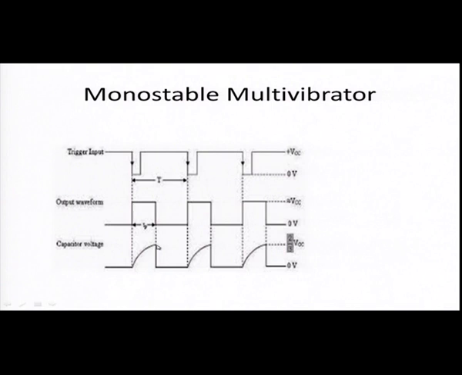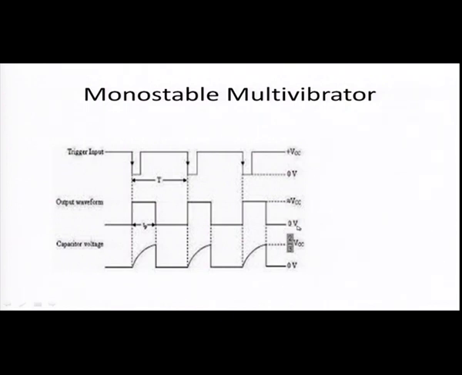Reset in the sense that the discharge transistor will be connected across the capacitor. So, instantaneously the capacitor's voltage will get discharged to the ground potential, and similarly at the output the voltage will be 0 or low, the output will be in the lower state.